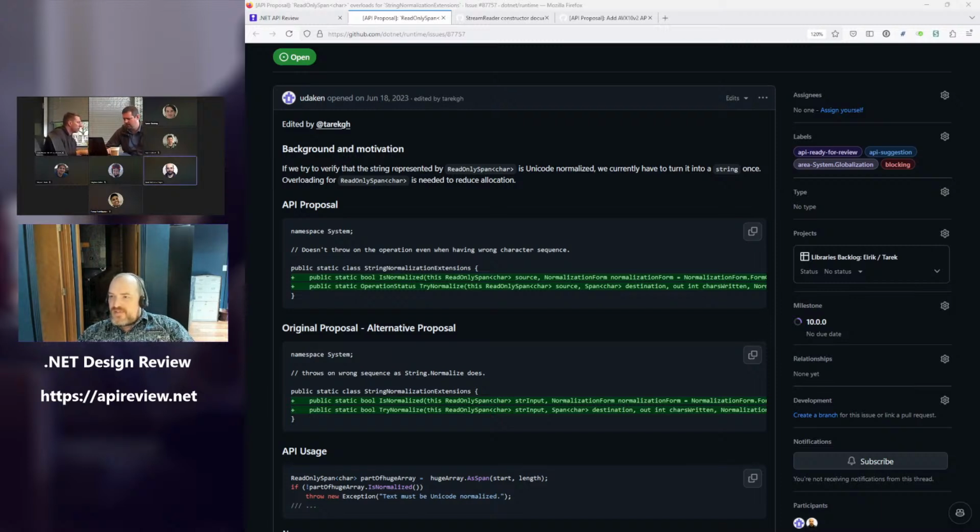Operation status is meant for streaming APIs, and streaming APIs might have their input chopped off in the middle of a surrogate pair. So the only needs-more-data case would be if literally the last thing is whichever surrogate half comes first, and that would be you need to give me one more char.